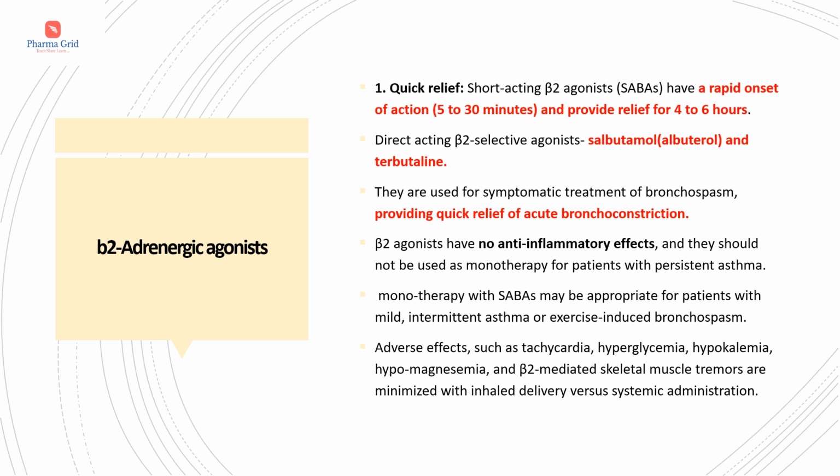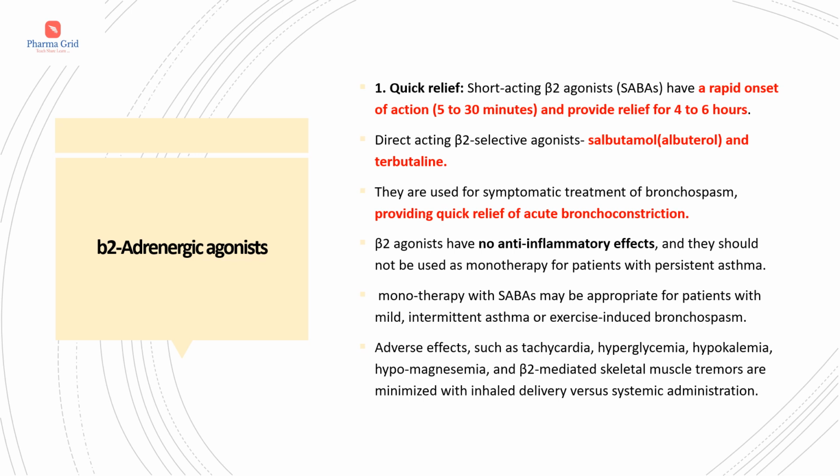The direct-acting beta-2 selective agonist. Examples include salbutamol. Another name for salbutamol is albuterol, and next drug is terbutaline. They are used for symptomatic treatment of bronchospasm, providing quick relief of acute bronchoconstriction. Beta-2 agonists have no anti-inflammatory effects, and they should not be used as monotherapy for patients with persistent asthma.